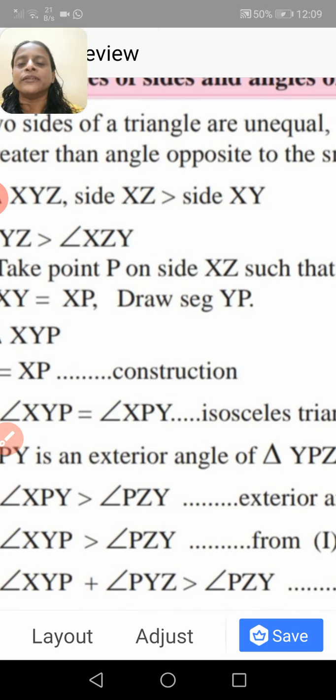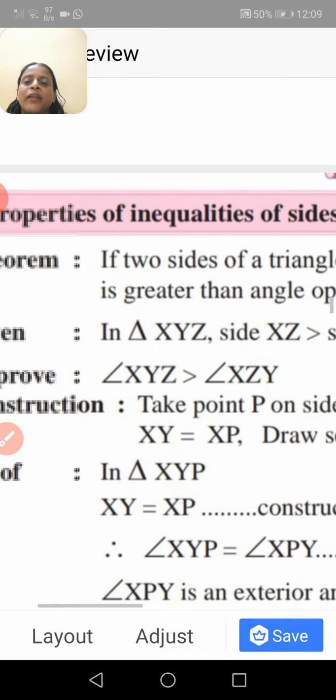For example, if x is less than y, it is an example of an inequality. If x equals y, it is an example of equality. So that much you understand. Here, properties of inequalities of sides and angles of a triangle.